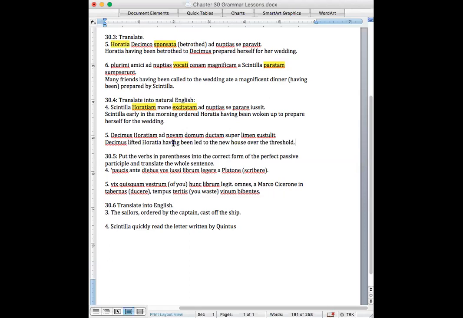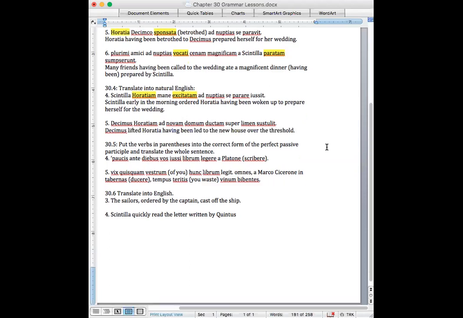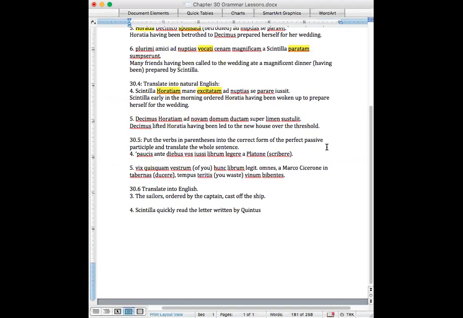So you could say Decimus lifted Horatia, or after leading Horatia to the house, Decimus lifted her over the threshold. You could do something like that. You can make it a deponent clause, and that would be okay.